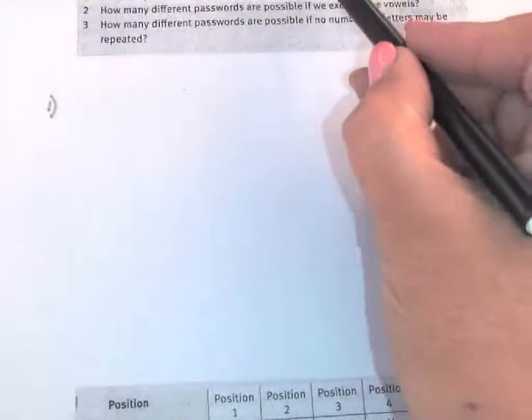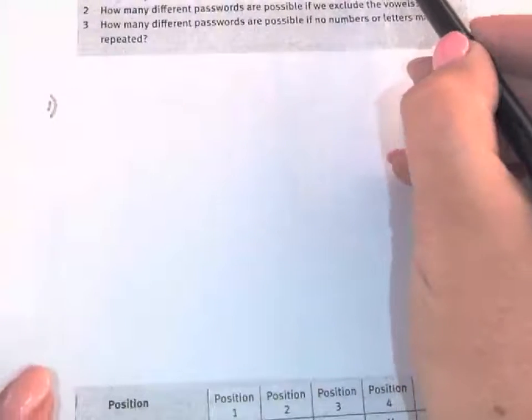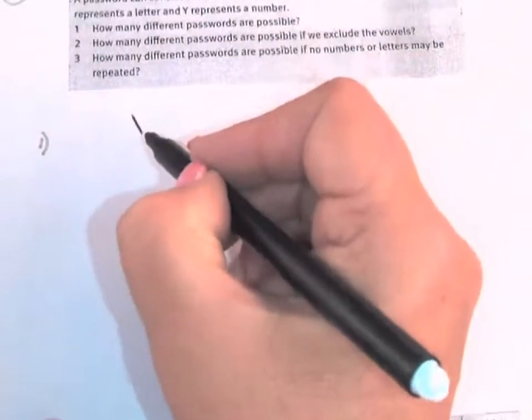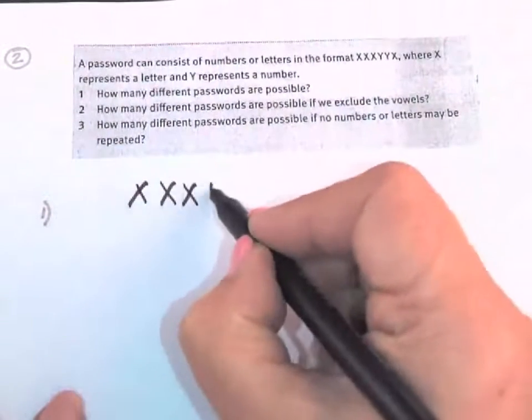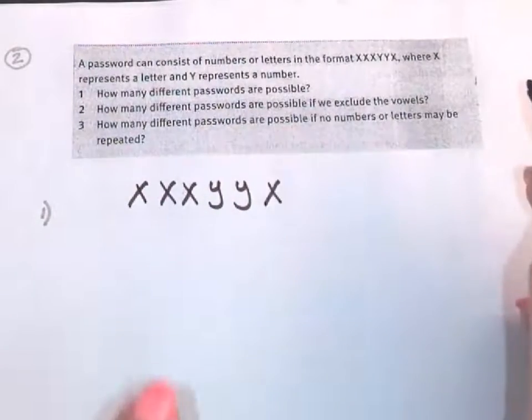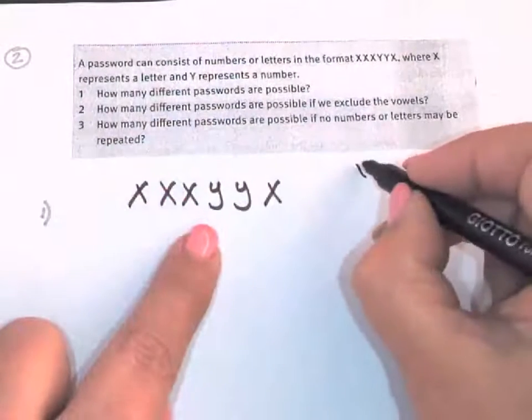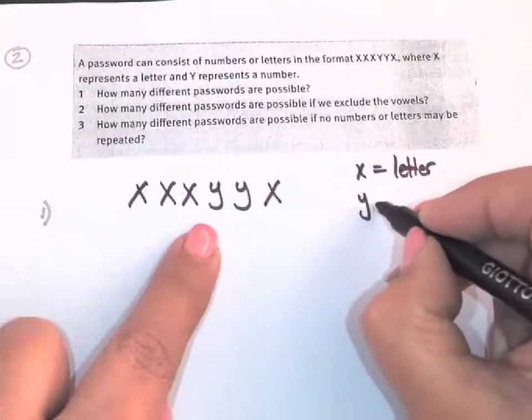So if we have the format 3 x's, 2 y's, and an x, where x is a letter and y is a number.